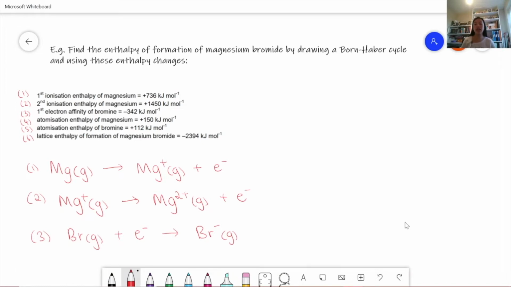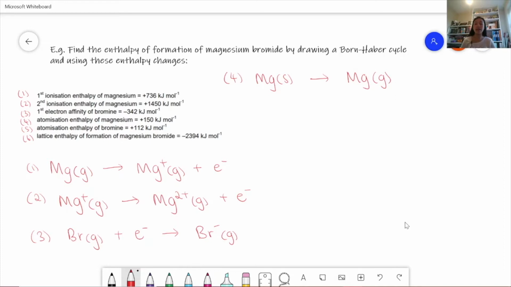The definition of the atomization enthalpy is the enthalpy change when 1 mole of gaseous magnesium is formed from magnesium, the solid. And so the equation we have is that magnesium solid will be atomized to form 1 mole of magnesium, which is gas.